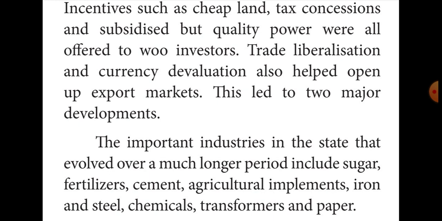What are the important industries that evolved over a longer period? Sugar industry, fertilizers, cement industry, agricultural implements, iron and steel industry, some chemical industries, transformer producing industries, and paper industry. These are some examples of important industries during the period.